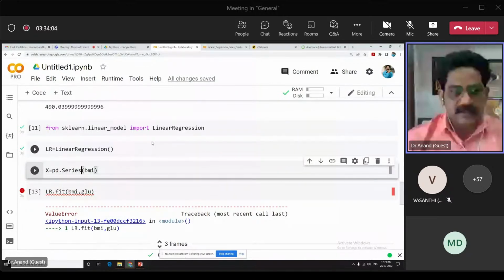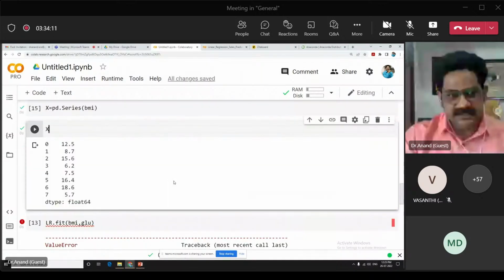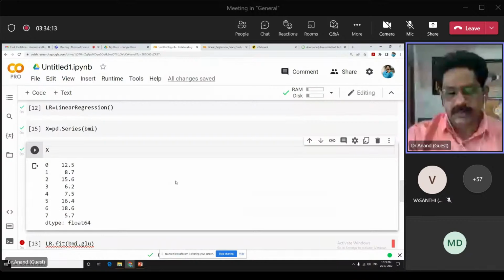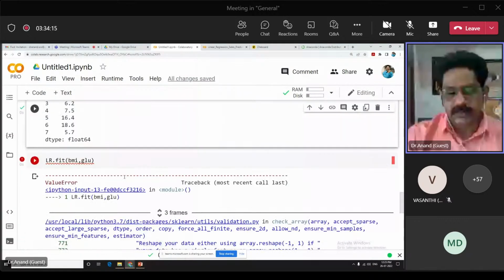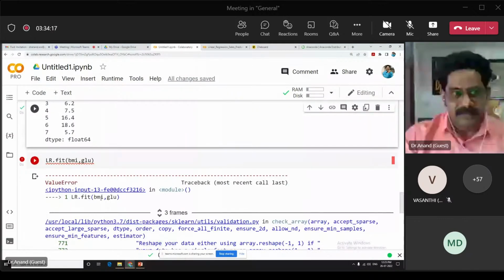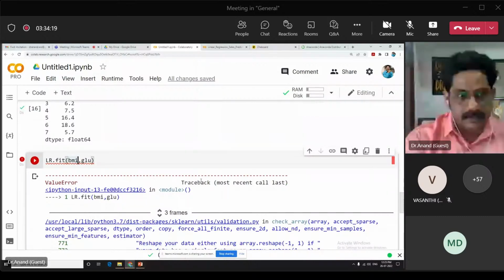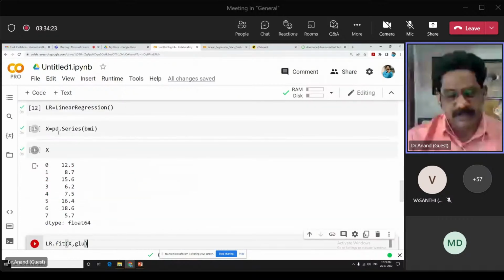Once you define x as a series, now it will have a structure which is acceptable. Okay, this is a standard structure. Your scikit-learn library can accept this. Now I define x, because the x is the properly structured BMI column.